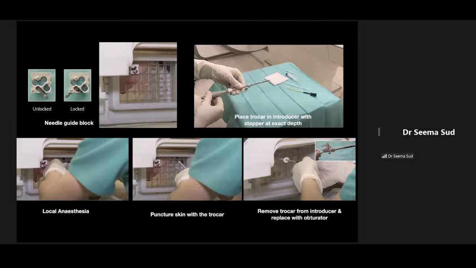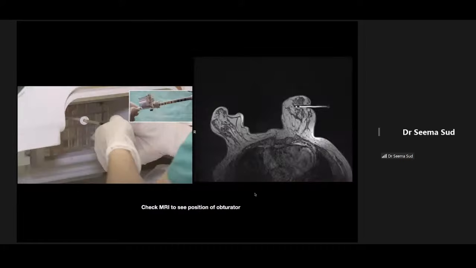So just to show you what we've done, the grid block is now being put. We know we have to go through this particular hole. You mark the distance on your introducer sheath. You give local anesthesia, puncture the skin with the trocar. You remove the trocar and introduce the obturator and take another check cut.